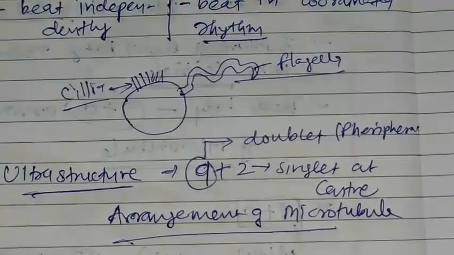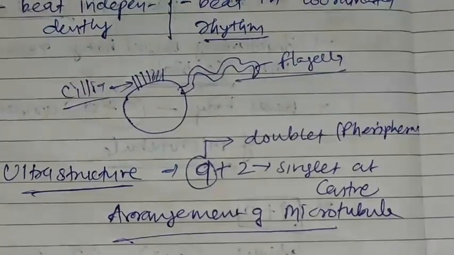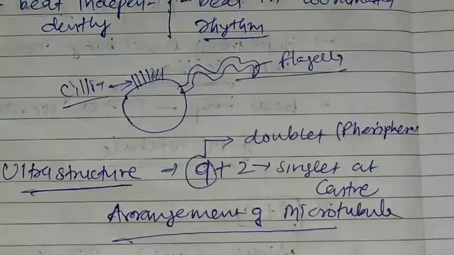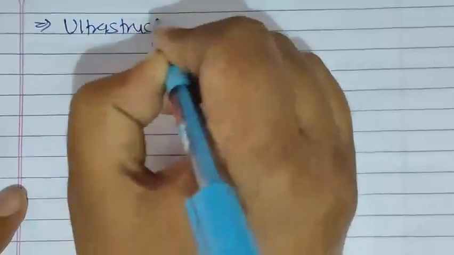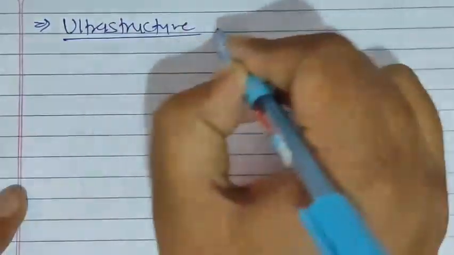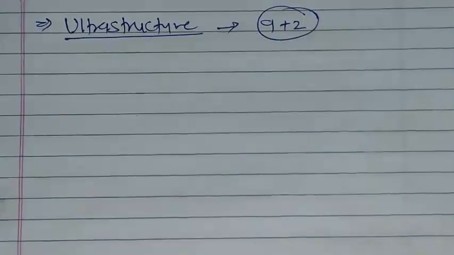So peripheral doublets and 2 singlets are found in this structure. Now we try to draw this ultrastructure of cilia and flagella with the 9 plus 2 arrangement of microtubules.